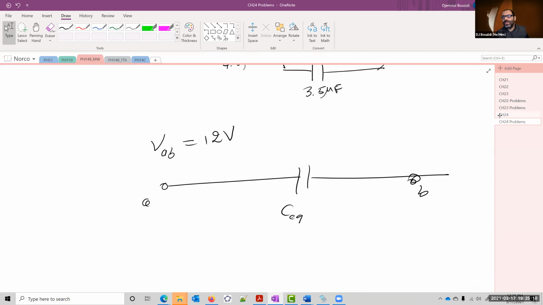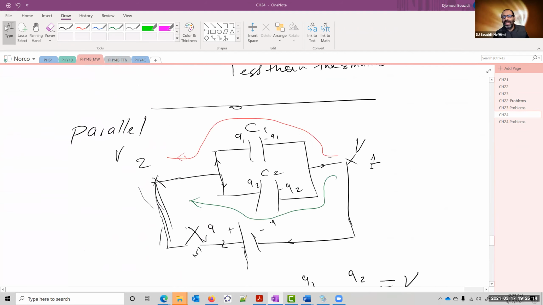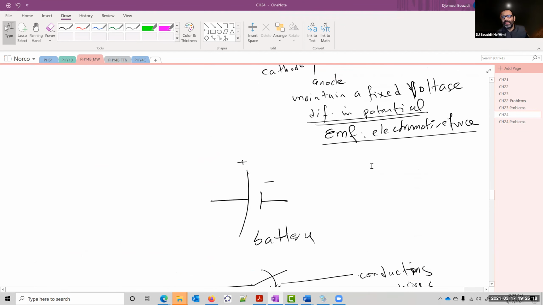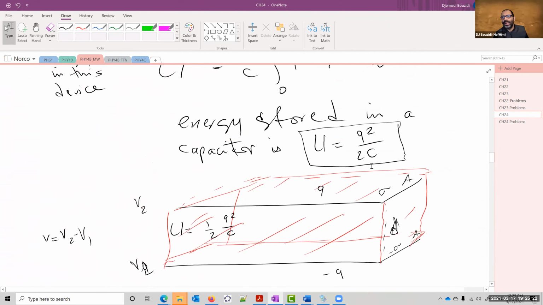If you go back to the notes that we did a long time ago, we found the energy to be Q squared over 2C. And I argued that that's an important thing. But remember, Q and V are related to one another too. V is equal to Q over C, which means that Q is equal to CV.